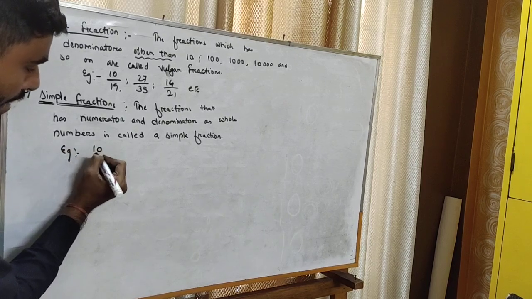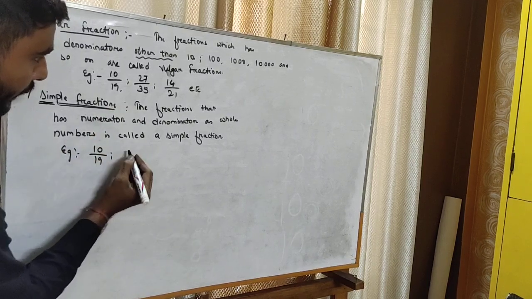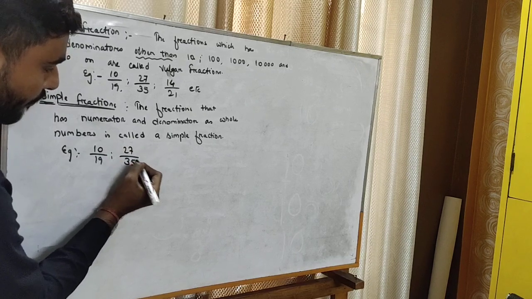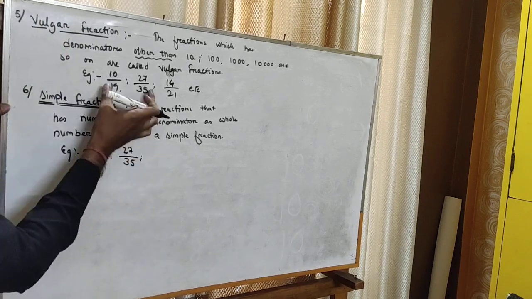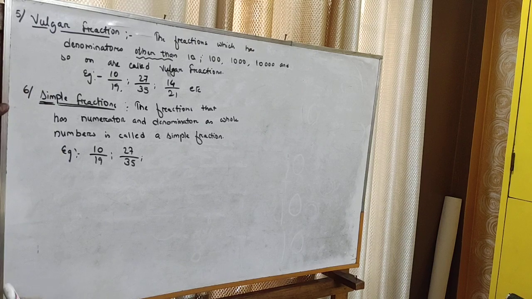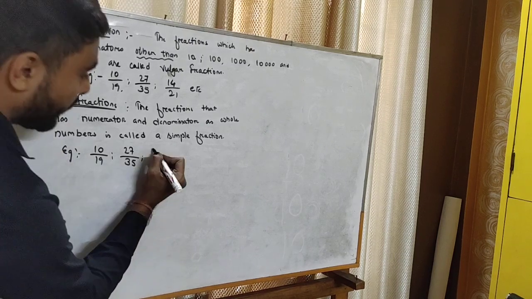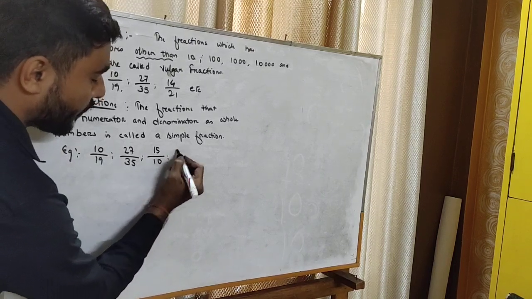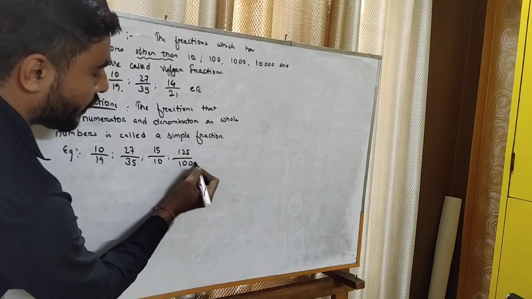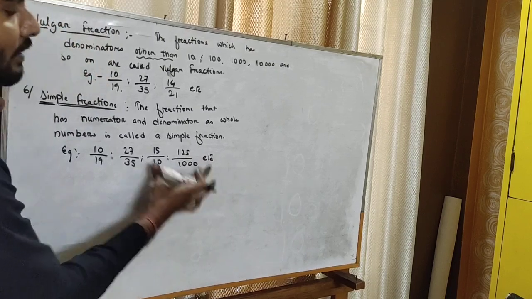Example, I took from here, 10 by 19, 27 by 35. These are all simple fractions also. At the same time, you can see examples in vulgar fraction too. Then 15 by 10, 125 by 1000. These were examples of decimal fraction.